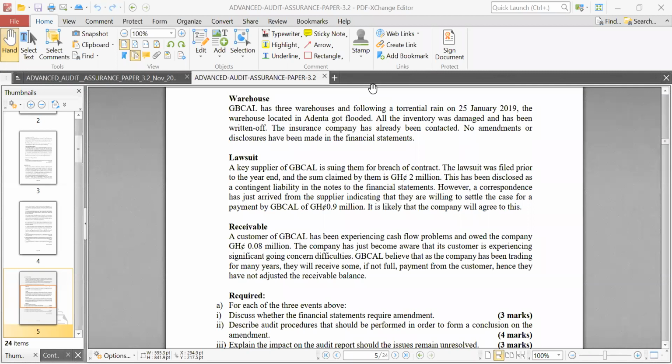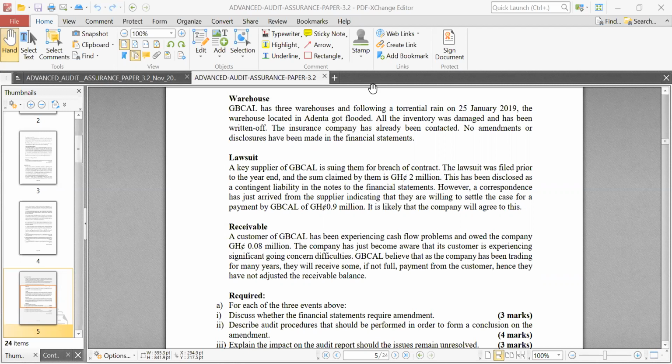Okay, so let me just answer it. This question is a bit, I must admit, a bit dicey, right? What you need to know is that under IAS 10, which is events after the reporting period, if your customer is experiencing some cash flow difficulties just a few months after year end, then it is very, very unlikely that this 80,000 was recoverable as at the year end.